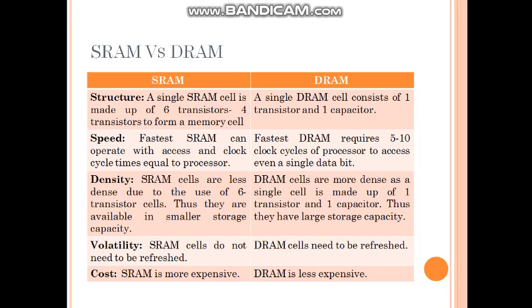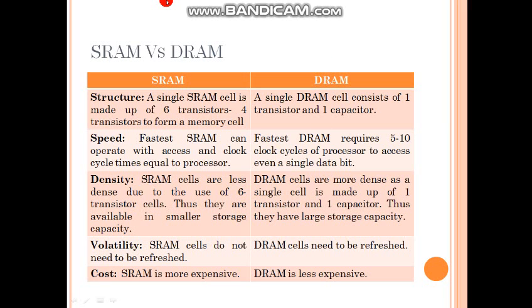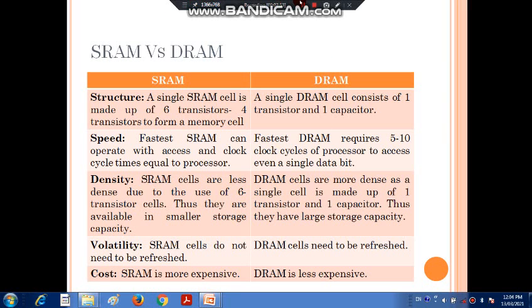In density, the SRAM cell is less dense due to the use of 6 transistors, whereas the dynamic RAM uses a single cell made up of one transistor. Regarding refresh, static RAM cells do not need to be refreshed, whereas DRAM cells need to be refreshed. In cost, static RAM is more expensive than dynamic RAM. This is a simple comparison of static RAM and dynamic RAM.